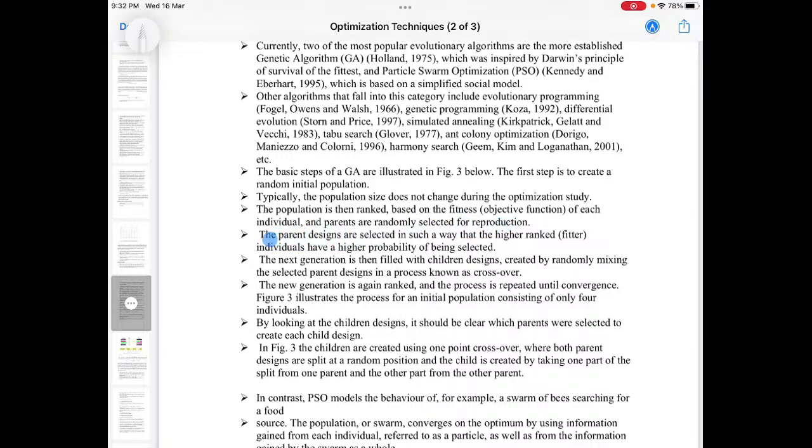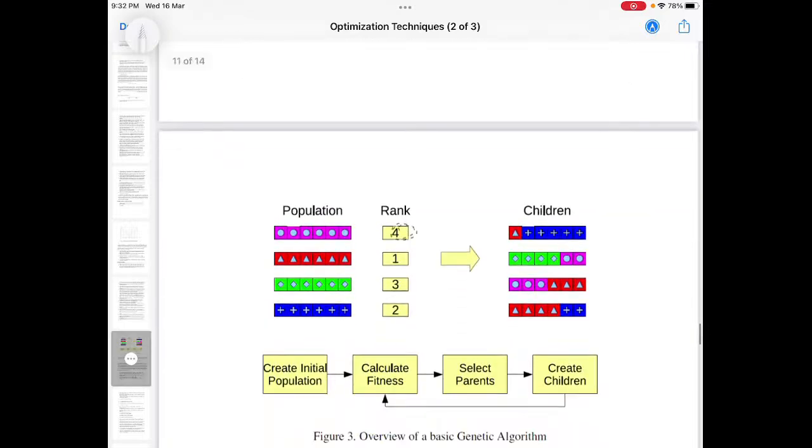The parent designs are selected in such a way that the higher ranked, fitter individuals have a higher probability of being selected. As you can see in the figure, the higher ranked population has the higher chance of being selected, so when the children are formed, the higher rank population is selected more often.